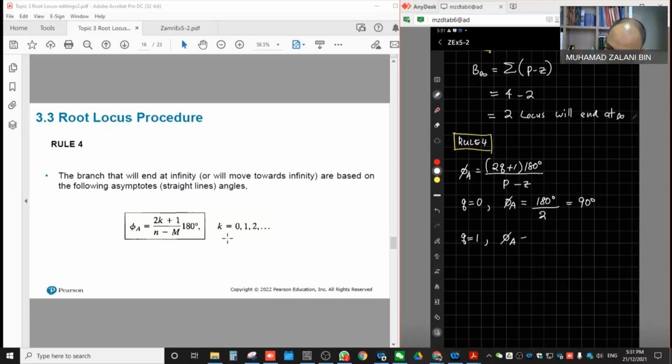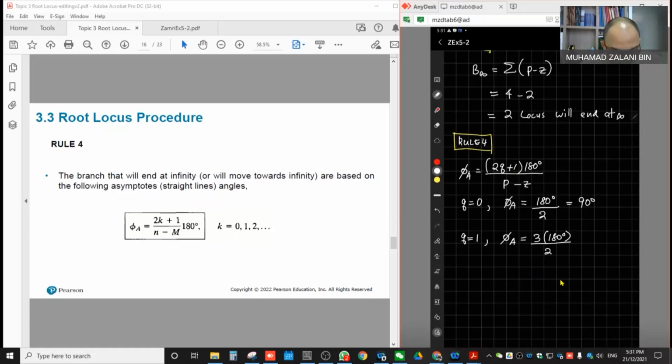Phi A equals (2q plus 1), which is 3, times 180 degrees, giving 540, divided by 2.